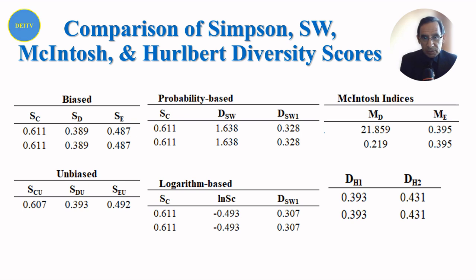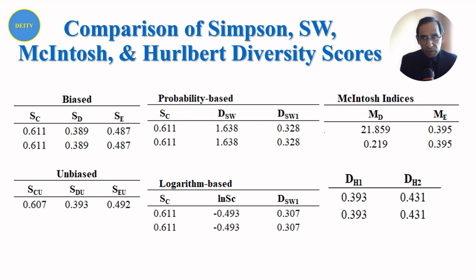So in the case of the Bias-Simpson score, the standardized score of 0.487 indicates that the organization obtained roughly 49% of the maximum value of diversity possible. When the unbiased Simpson diversity score is used, again that indicates that 49% of the maximum value of diversity was obtained.